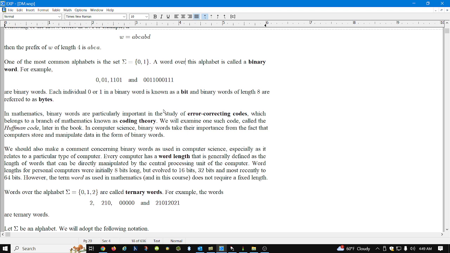Word lengths for personal computers started at 8 bits and slowly evolved to 16, 32, and now 64 bits. So if you hear the term word used in the context of computer science or a computer, it's a fixed length word, whereas in mathematics, the term word does not imply any particular length.